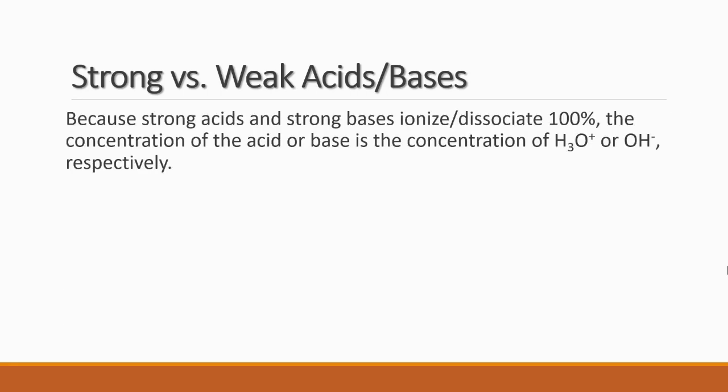Strong acids and strong bases ionize or dissociate 100%. The concentration of the acid or base is the concentration of hydronium or hydroxide, respectively. In other words, if you have a 1.5 molar HCl solution, remember that HCl breaks apart 100%. So you actually have no HCl molecules in the solution. They have broken up into hydrogen ions, which is the hydronium ion, and chloride ions.